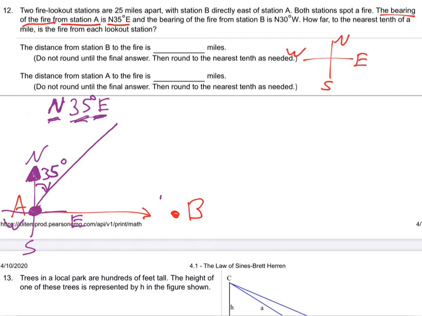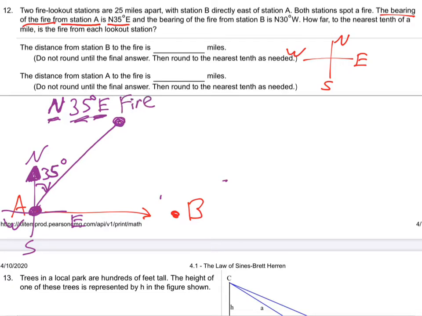Whenever they give bearing angles, they always come off of north or south, so they always come off the y-axis. That's the opposite of reference angles, which we're used to, that always come off the x-axis. Bearing angles always come off the y-axis. North, 35 east of north. North, but not straight north, 35 to the east of that. Okay, so I'll just put the fire right out here.